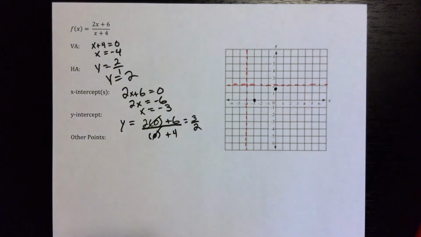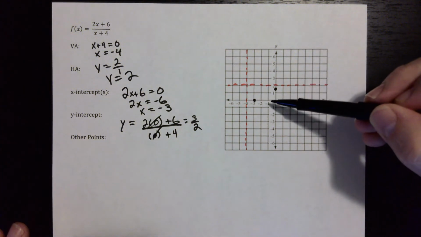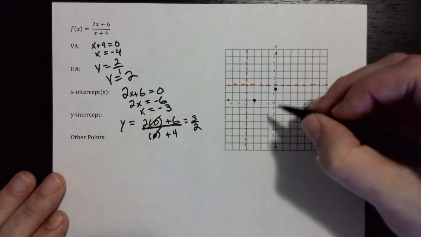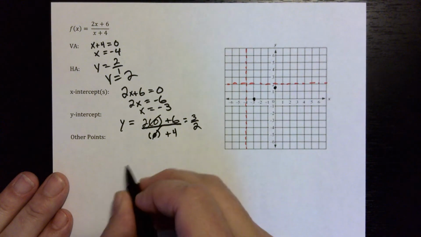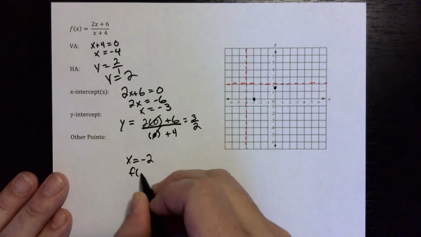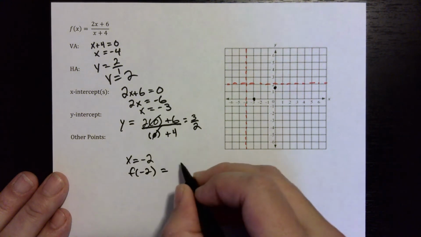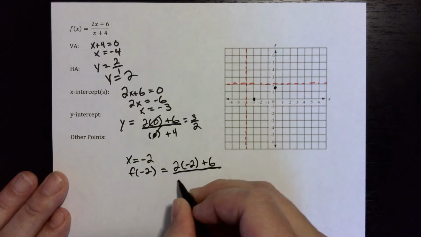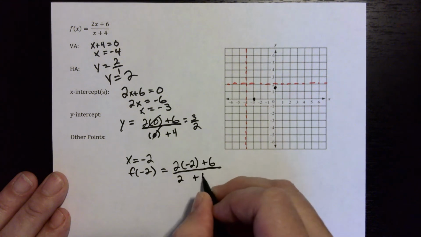We can plug in some more points. Let's plug in one more point over here on the right side. Let's plug in, say, a negative 1. Actually, let's do negative 2. So I'll plug in x equals negative 2 into the function. So f of negative 2 is equal to 2 times negative 2 plus 6 over 2 plus 4.